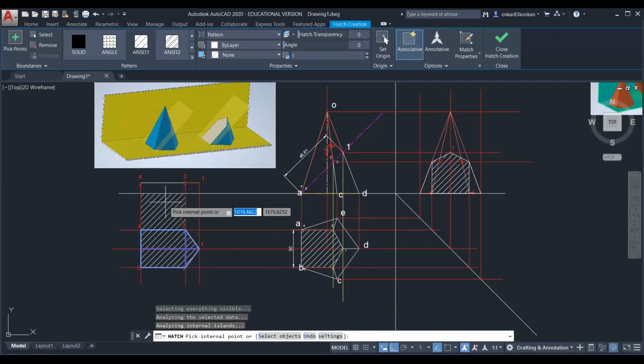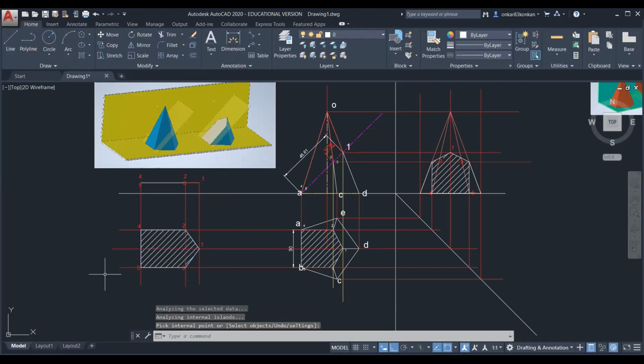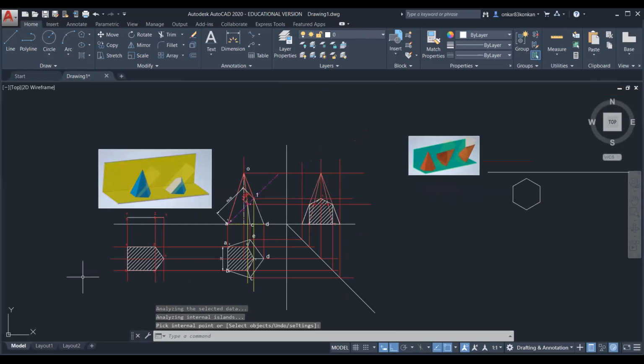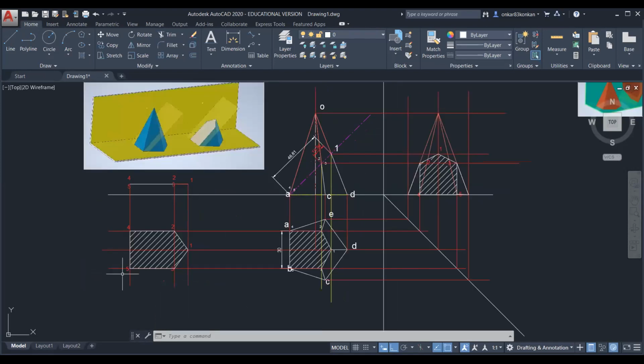And just highlight this by section lines. So this is how you can draw the front view, sectional top view, sectional side view, and the true shape of this section.